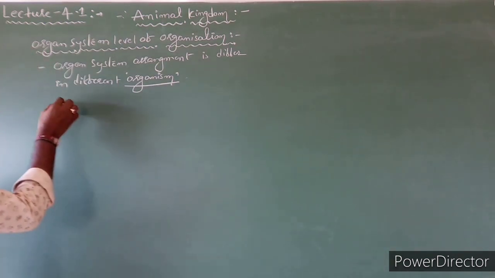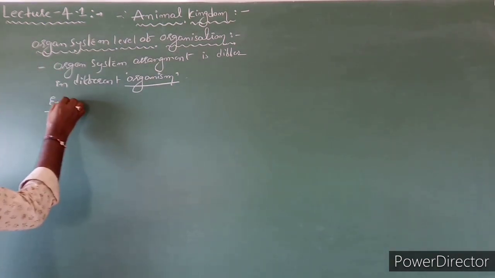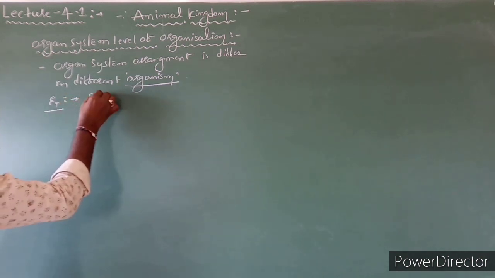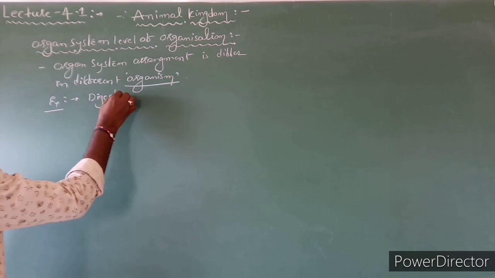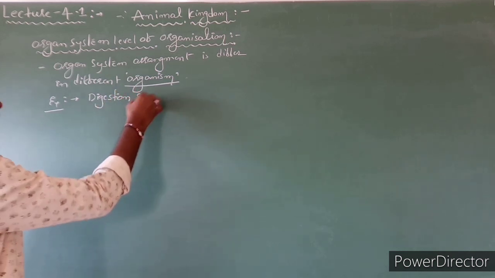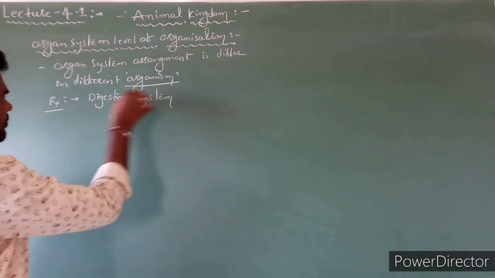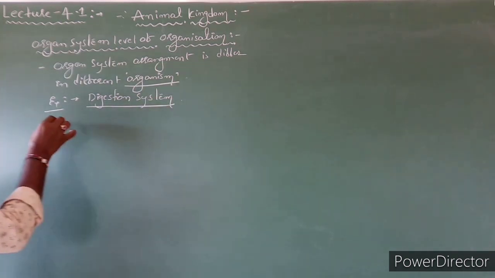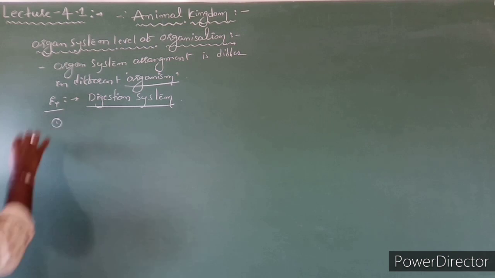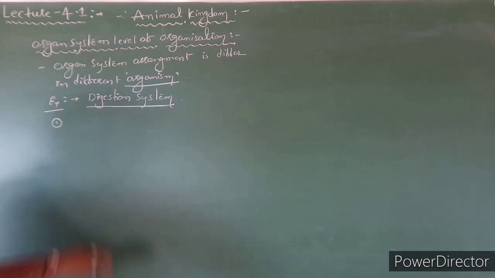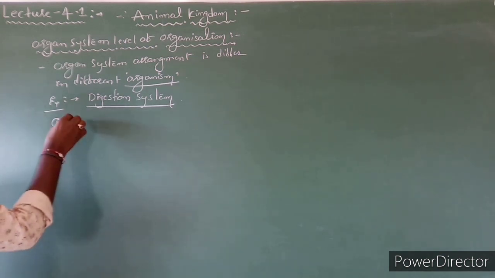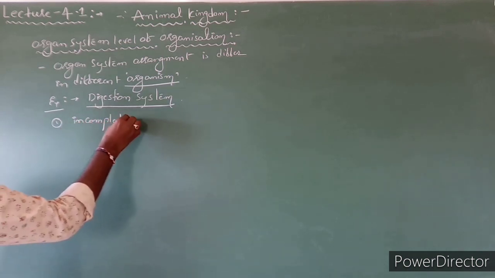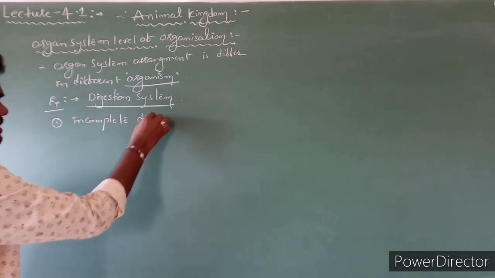Let's see one small example here, which is already given in the NCERT. Digestion system. This is the first example we are going to discuss. Digestion system we can divide into mainly two types in all organisms. One is incomplete digestive system.